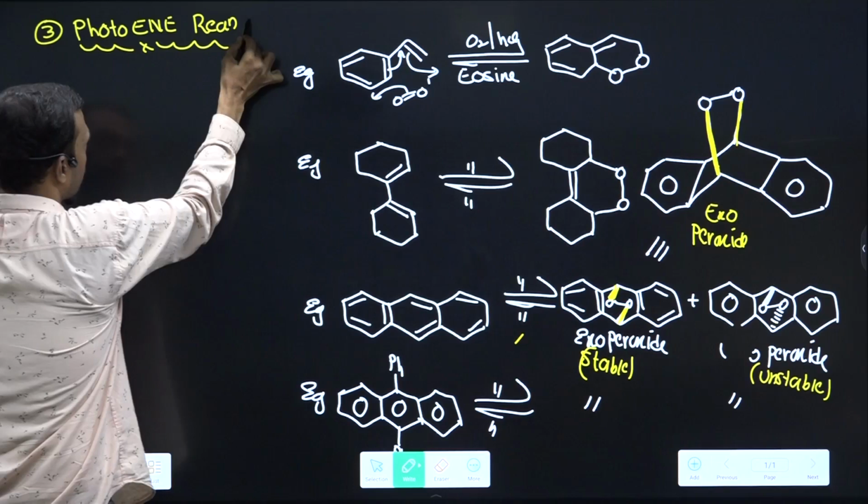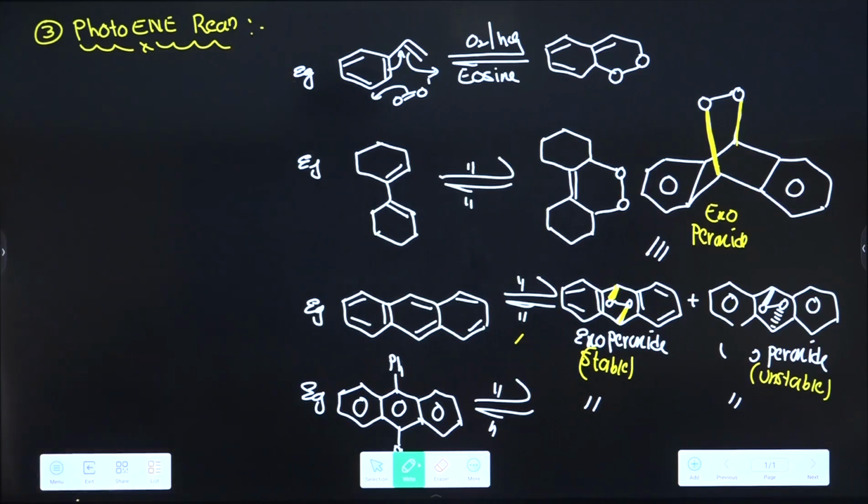Photo-ene reaction. The last reaction for photo-oxidation is photo-ene.